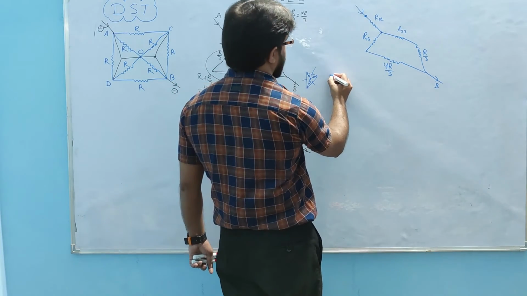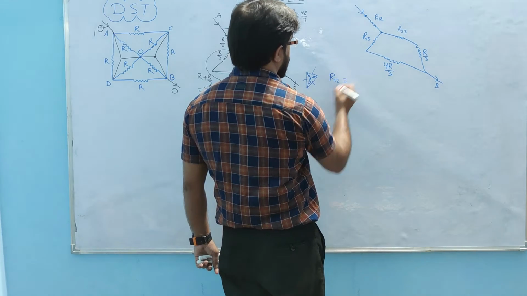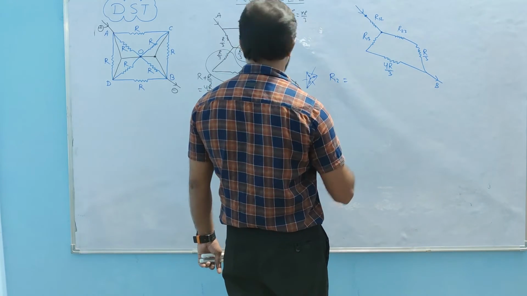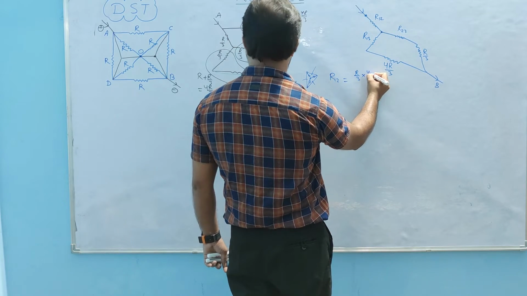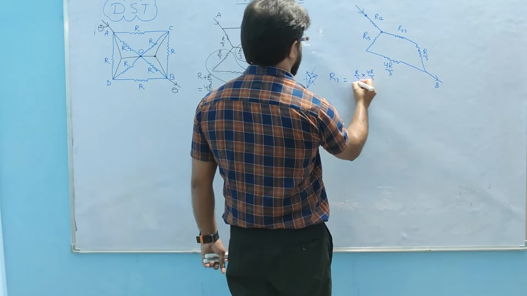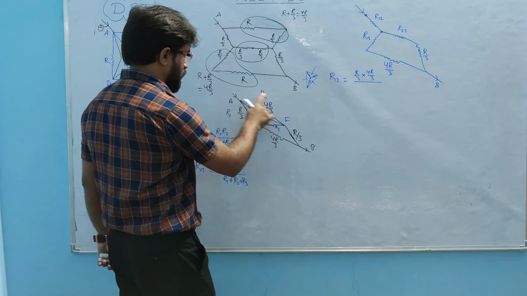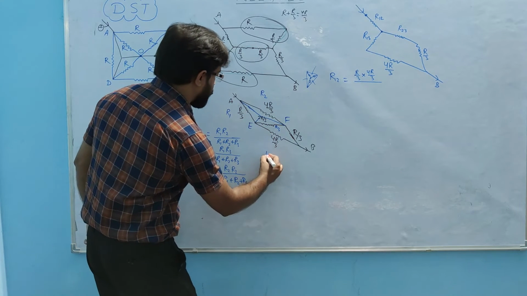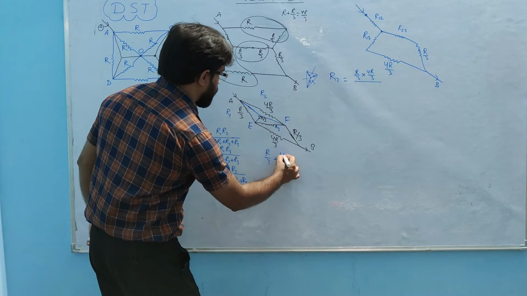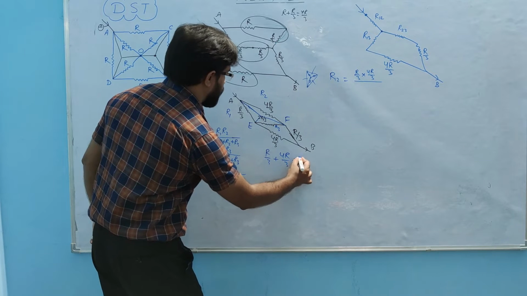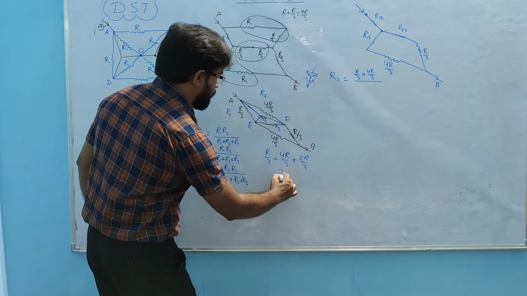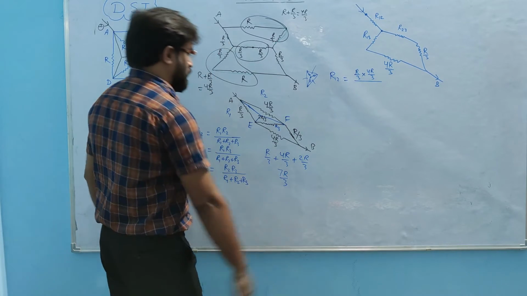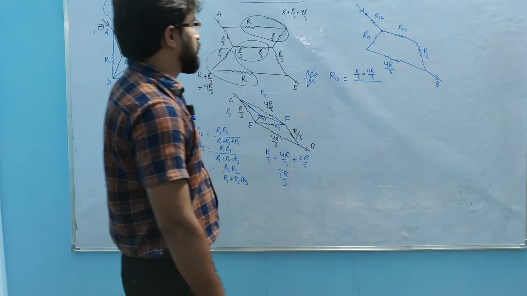R12 is R1 into R2, R by 3 into 4R by 3, divided by the sum of all, which would be R by 3 plus 4R by 3 plus 2R by 3, that is 7R by 3 in total.